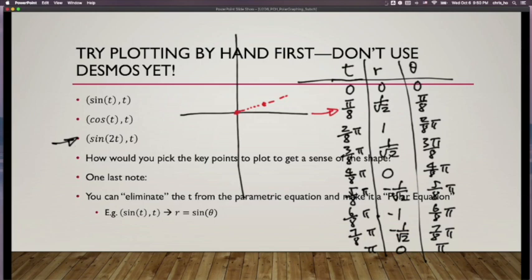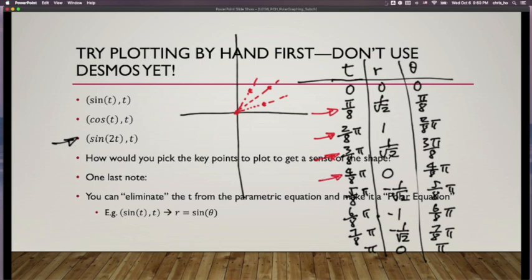When the angle increases to 2 pi over 8, which is pi over 4, 45 degrees now, my length becomes 1. And as it increases by another 22.5 degrees, it goes back to 1 over root 2. So this goes back to this point.